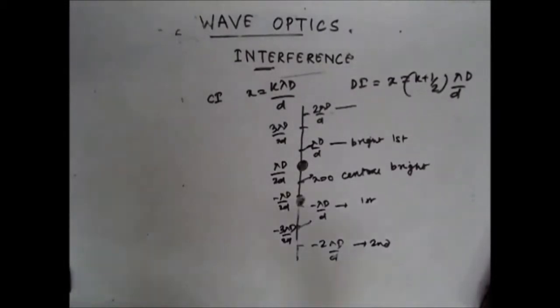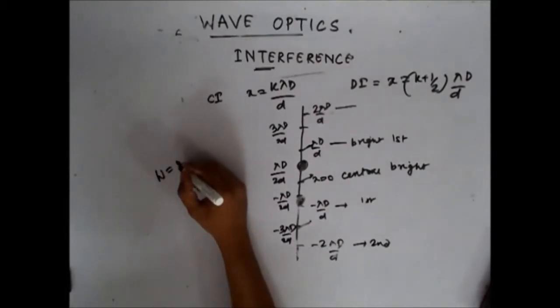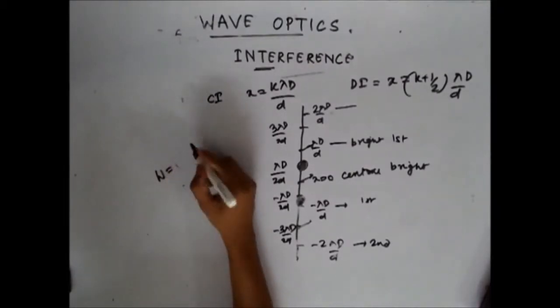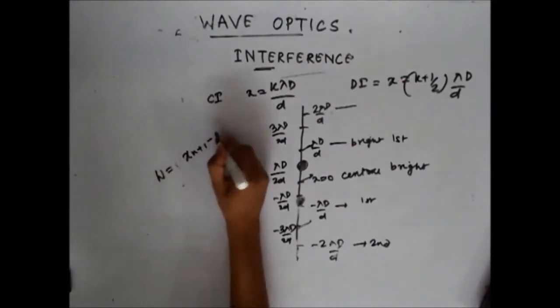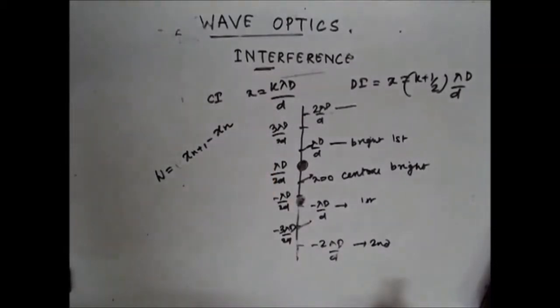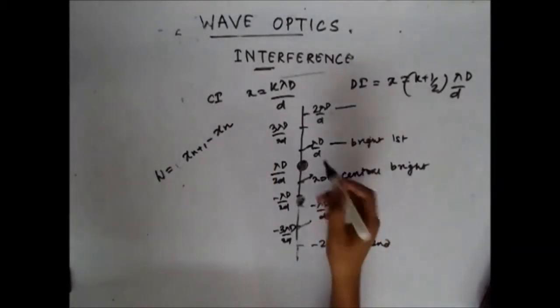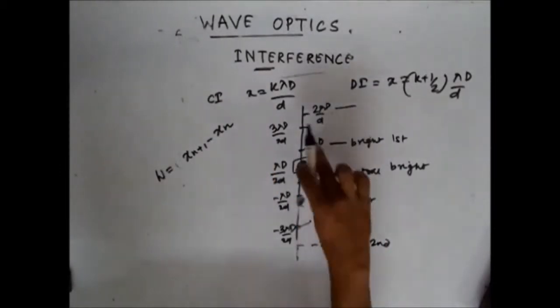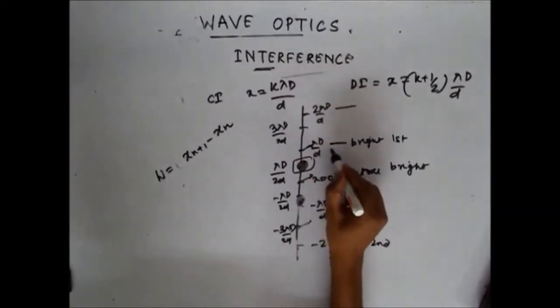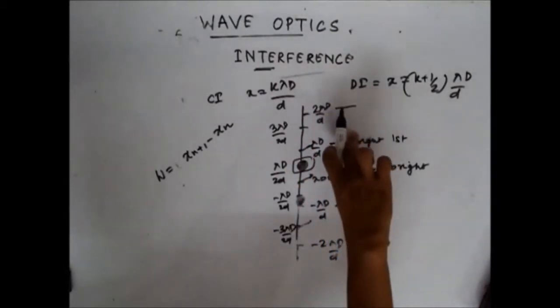Fringe width we define as the width of the fringe. So I can get the fringe width as, let's say, x_(n+1) minus x_n. The width of this dark fringe will be the difference between the positions of these two bright fringes.